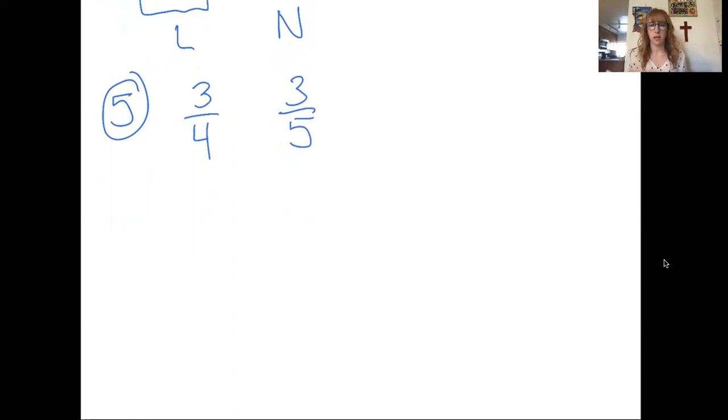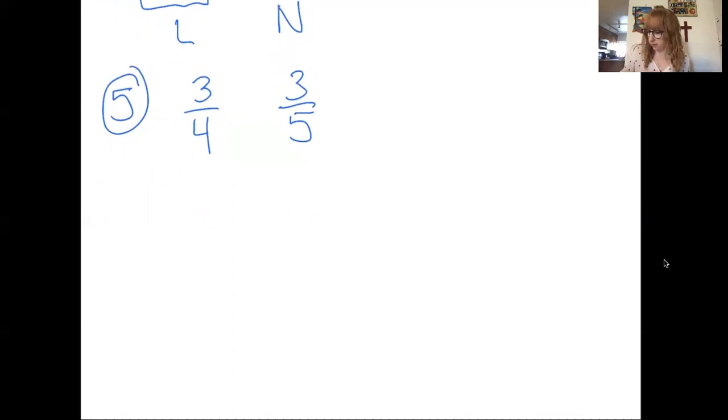The smaller denominator represents the larger fractional part. So they both have 3 as their numerator. For the denominators, we're looking for the smaller number, and 4 is less than 5. So that fractional part is more than 3/5. 3/4 is greater than 3/5. And you need to make sure that you explain in words using the rule for that answer.